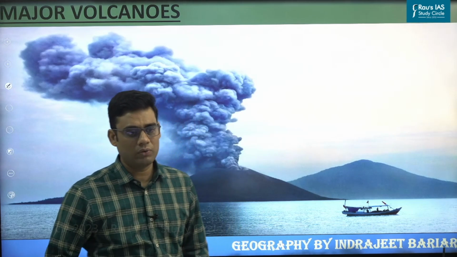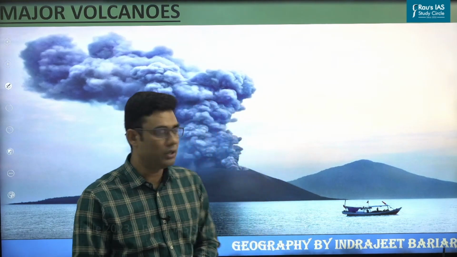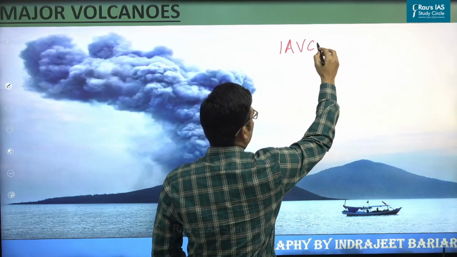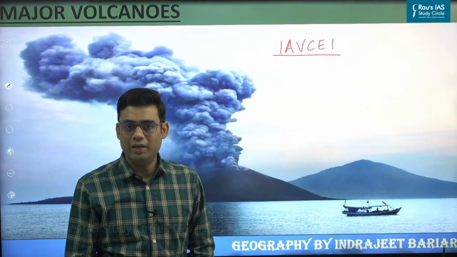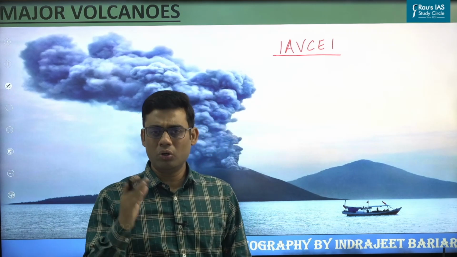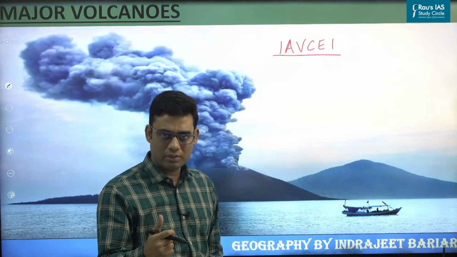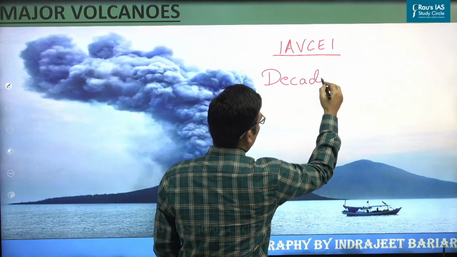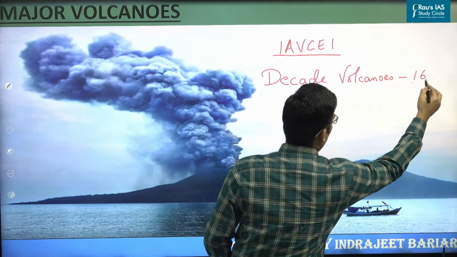In addition to that, some other volcanoes of this region. For that, first we can talk about the International Association of Volcanology and Chemistry of Earth's Interior. It has identified 16 most active and dangerous volcanoes across the world and has given them the name decade volcanoes, which are 16 in number.